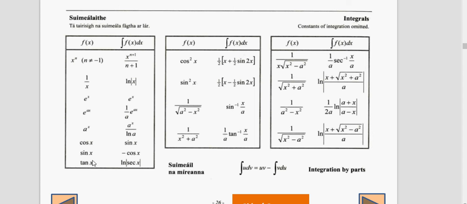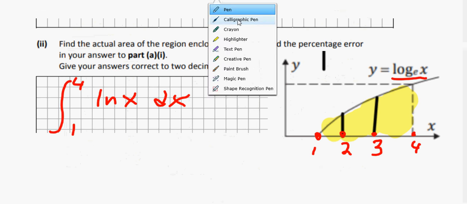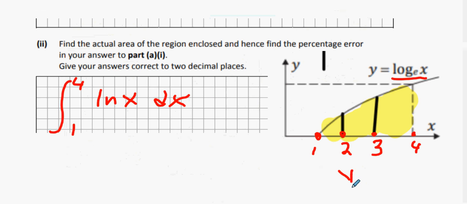Okay, everybody agreed? So, the yellow region, and when I was doing this at home, I remembered the other thing. The yellow region is the integral of y dx. That's when you pin it to the x-axis.